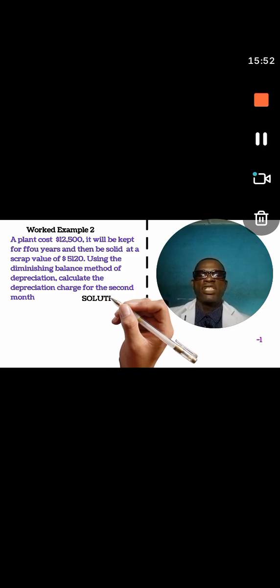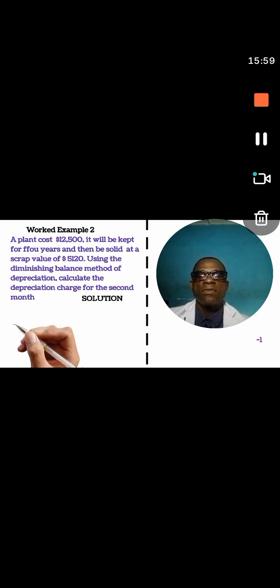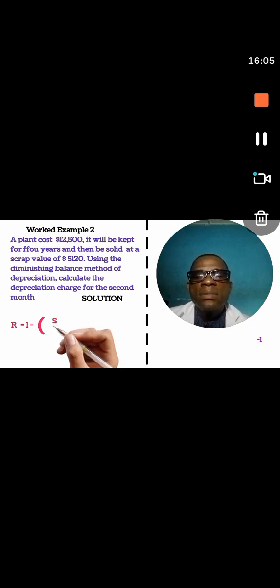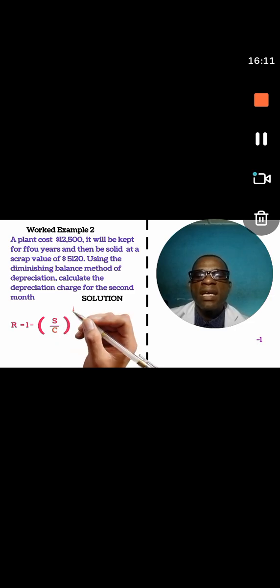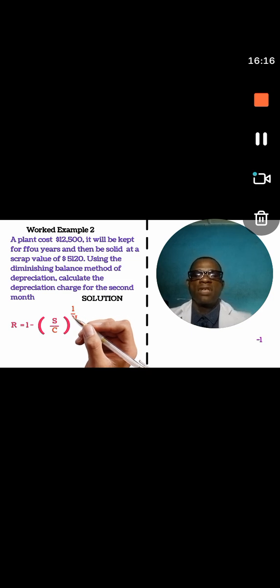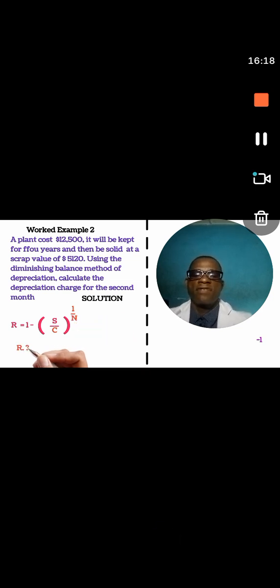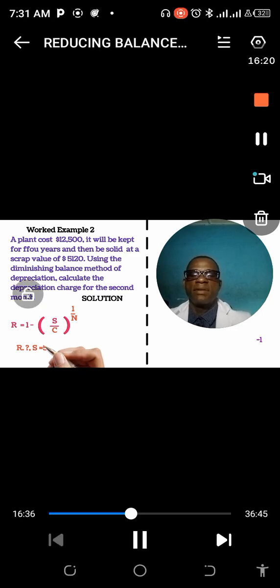Using the diminishing balance method of depreciation, calculate the depreciation charge for the second year. For this question, the rate is not given.